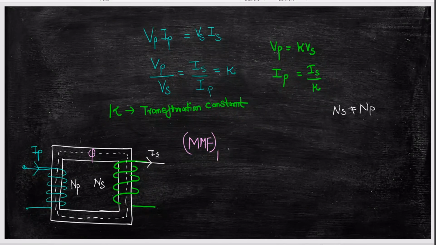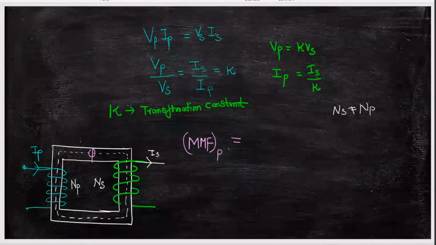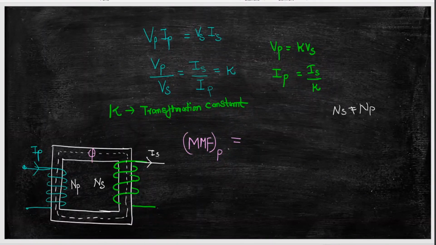For what purpose? To maintain the flux constant. If I don't maintain the flux constant in this winding, what will happen? Suppose you created 100 lines of flux, these 100 lines have to link with this. Suppose some lines are missing, then what will happen?